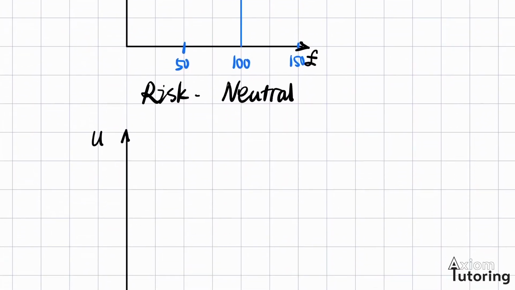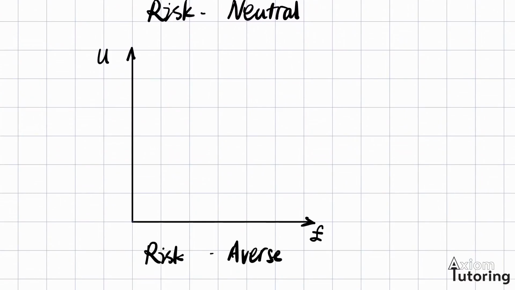Okay, so now let's take a look at a risk averse individual with the same gamble over here, still between £50 and £150. These two dots, we're going to connect them. The average between 50 and 150 is still going to be 100.